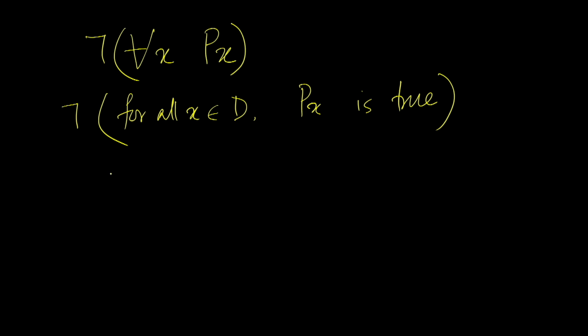Then clearly somebody violates P of X. That is, if you go to every individual belonging to the set D, we would find that P of X is not satisfied by everybody.